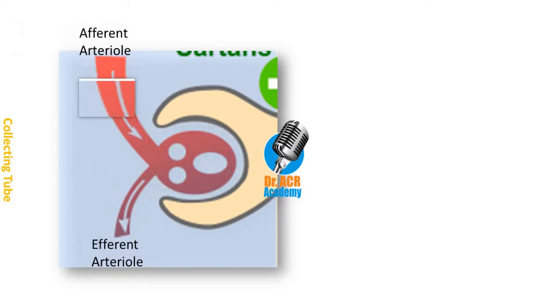When you compare the diameter of the afferent arteriole with the efferent arteriole, usually the efferent is narrower. So whatever blood is brought by the afferent arteriole to the glomerulus is not all carried away by the efferent arteriole. That means a lot of blood remains in the glomerulus.